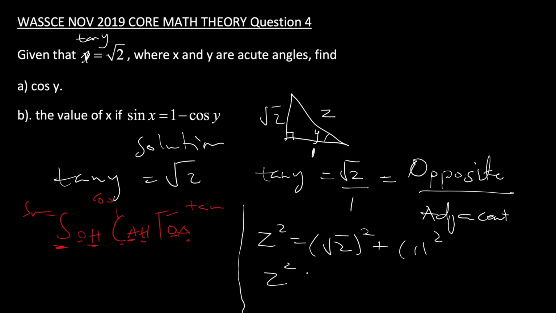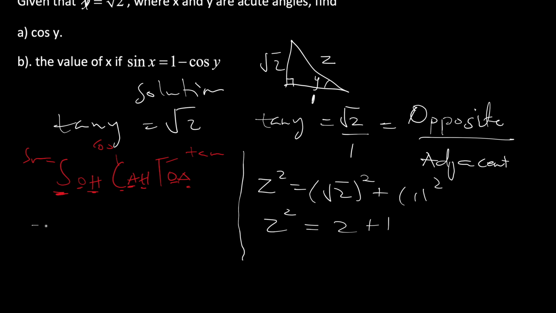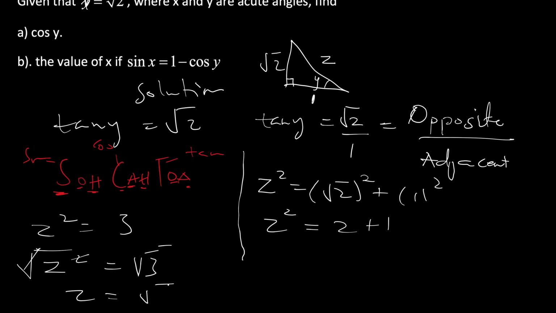Now z squared should be equal to 2 plus 1. So then our z squared will be equal to 3. Then we'll find z by taking the square root of both sides. Square cancels square root, so our z is root 3.